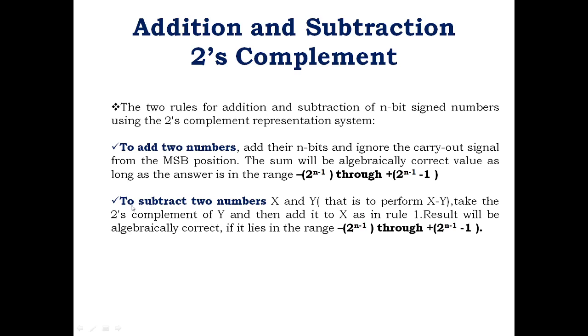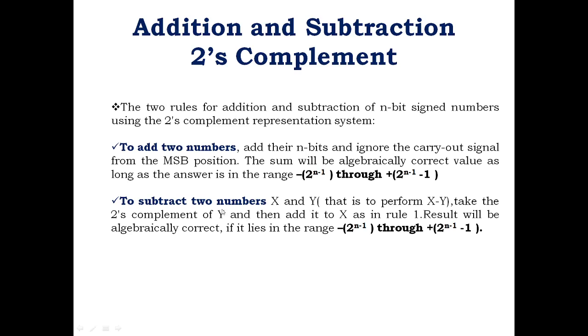The second rule is to subtract two numbers x and y, that is, to perform x minus y. Take the 2's complement of y, because y becomes a negative value here. Whenever a negative value comes in 2's complement form, you first take the positive y, take the 1's complement and add 1 to it.